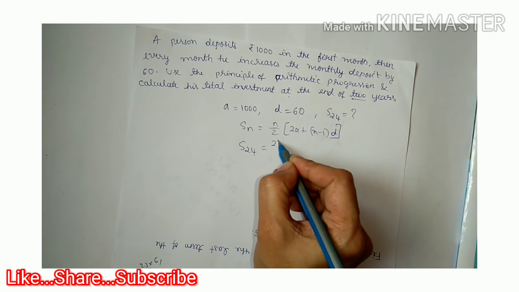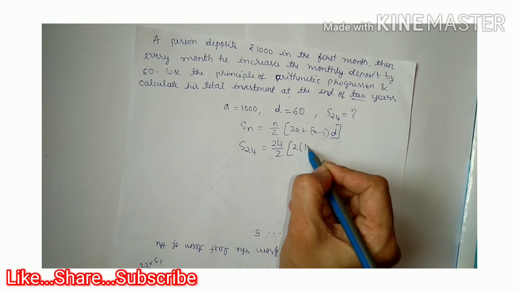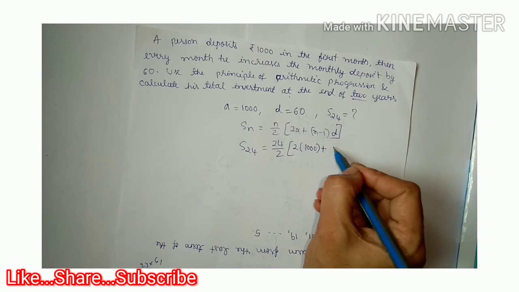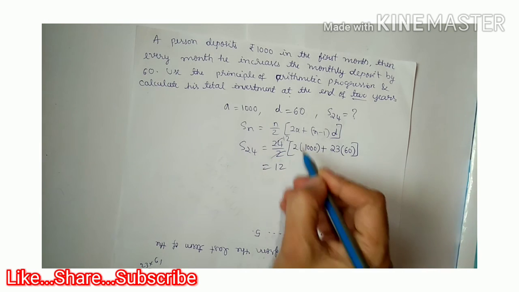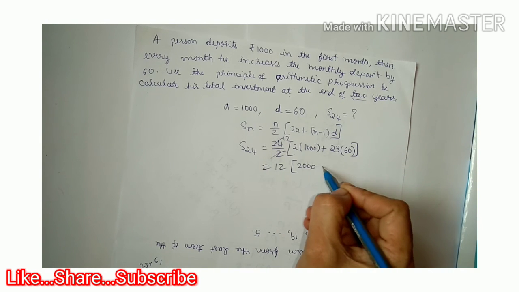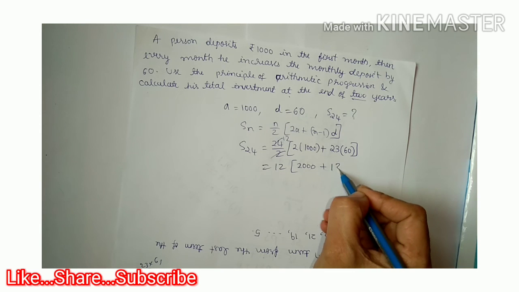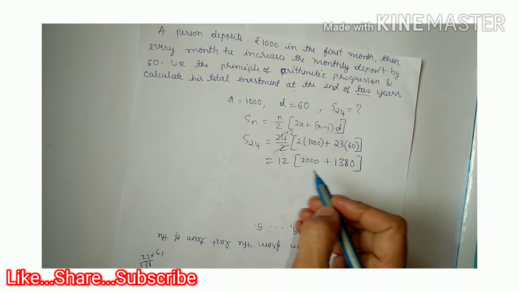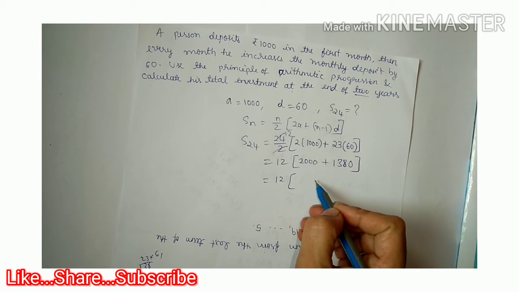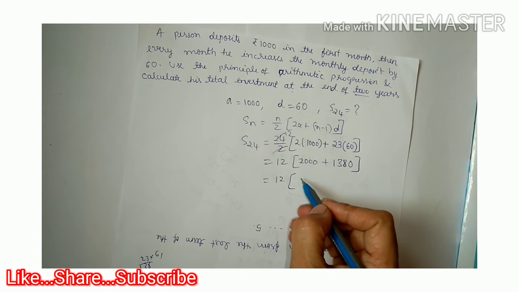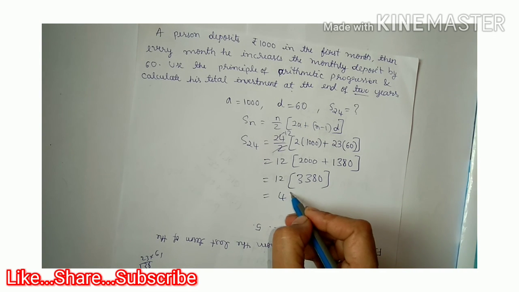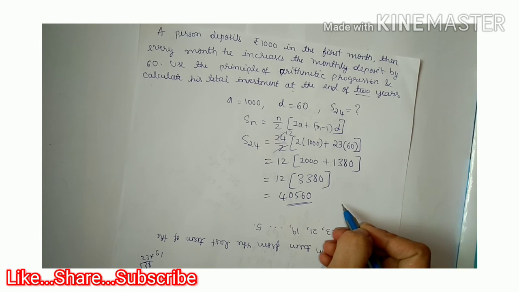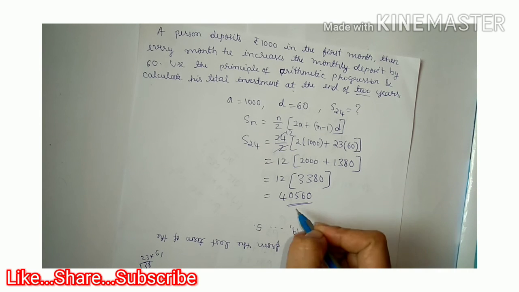S24 is equal to 24 by 2 into (2 into 1000 plus (24 minus 1), 23, into d, which is 60). 12 into (2000 plus 23 into 60). 23 into 60 is 1380. 1380 plus 2000 is 3380, into 12 is 40,560. Total investment at the end of 2 years is 40,560 rupees.